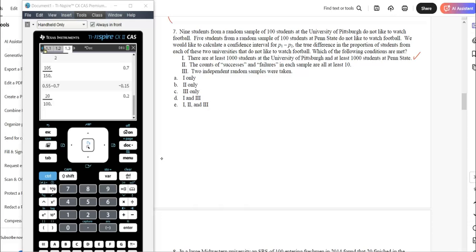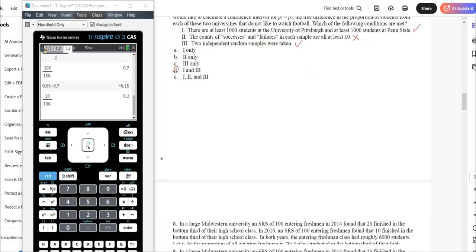Well, 9 students? I don't think that's met. 2 independent random samples were taken. Random sample at there and random sample at there. Yeah, they're separate, so that seems okay. So 1 and 3? Sounds right to me.